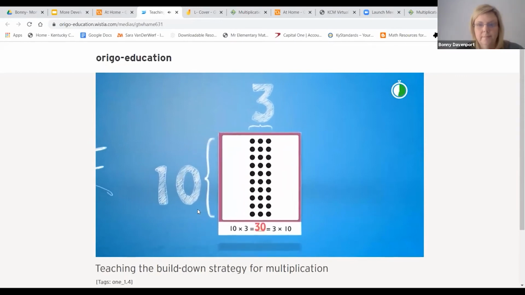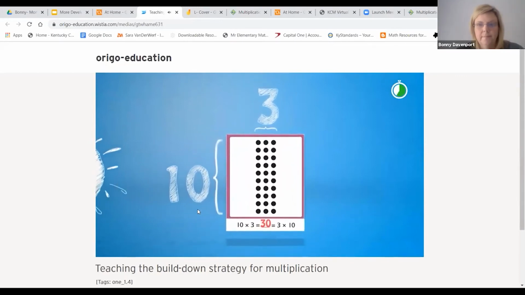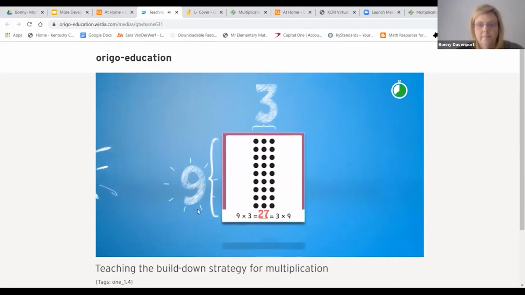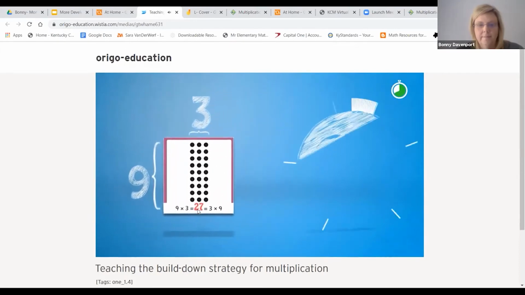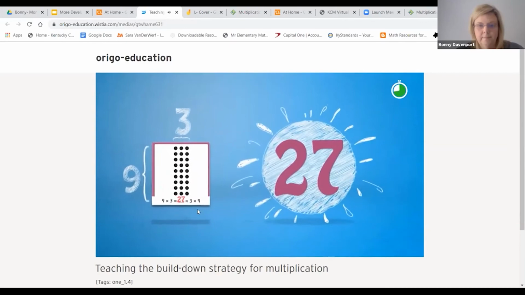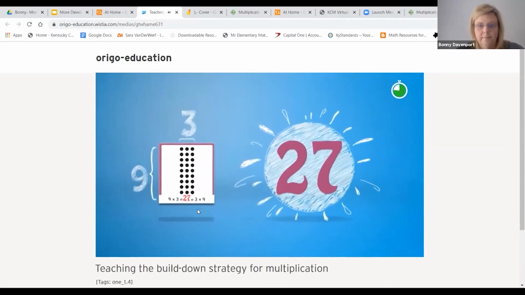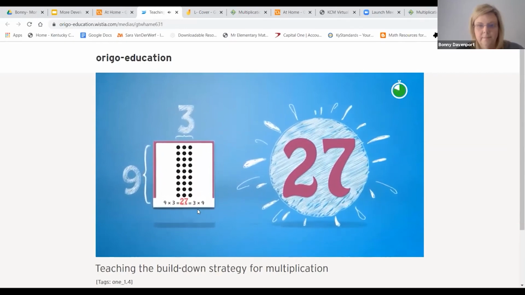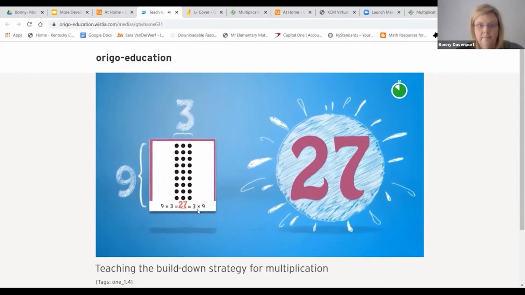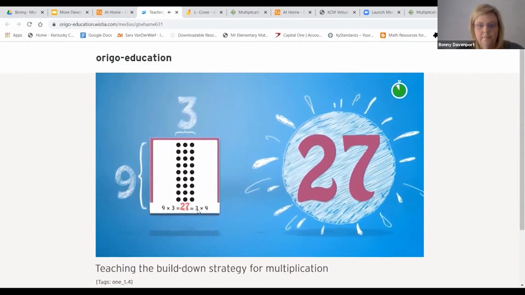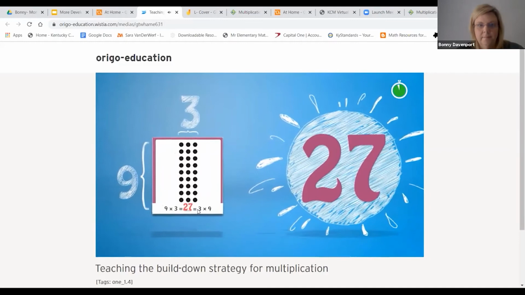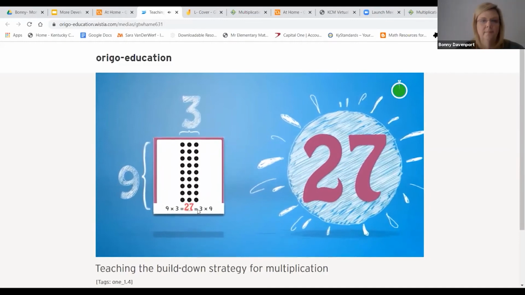That's 30. Yes, and if 10 threes is 30, what is 9 threes? It's just 1 row of 3 less. That's 27. Correct. So when you use this thinking strategy, you are building down from a known tens fact to figure out a fact involving 9. That's easy. Thinking strategies make so much sense when we see pictures of quantities.